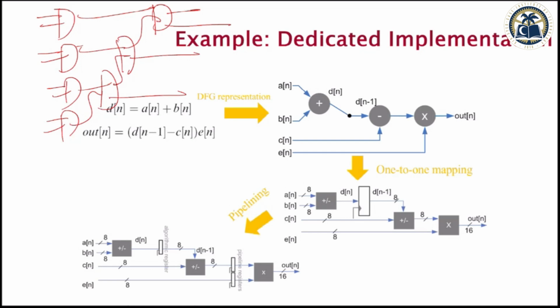There was a path which was taking so many comparators, and you say, oh, I can only run it at 50 megahertz, where my target is 500 megahertz. So what you have to do is put registers in all the paths.